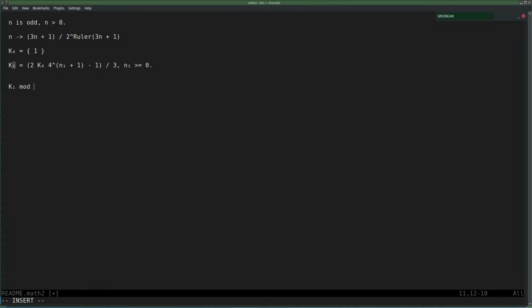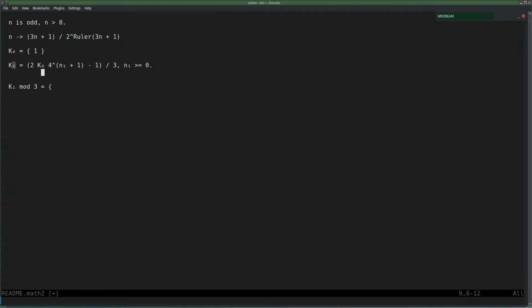Well, in math we just write mod 3 equals, and then, well, that's going to be a function of n1, right?